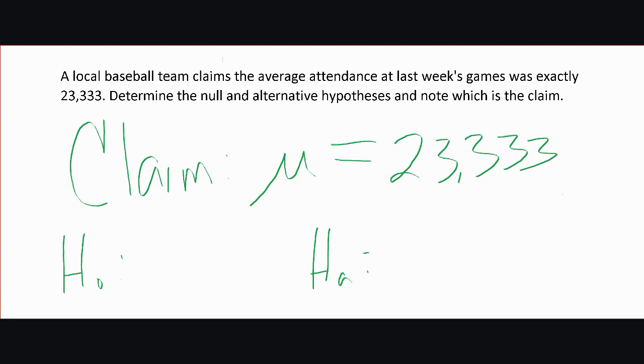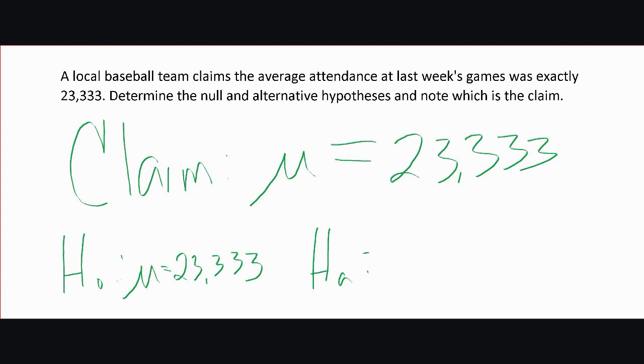We know that the null contains equality, and sure enough, this is equality, right? So we would say that our mean is equal to 23,333. That is our null hypothesis because it contains equality. The mean equals 23,333 is our null hypothesis.